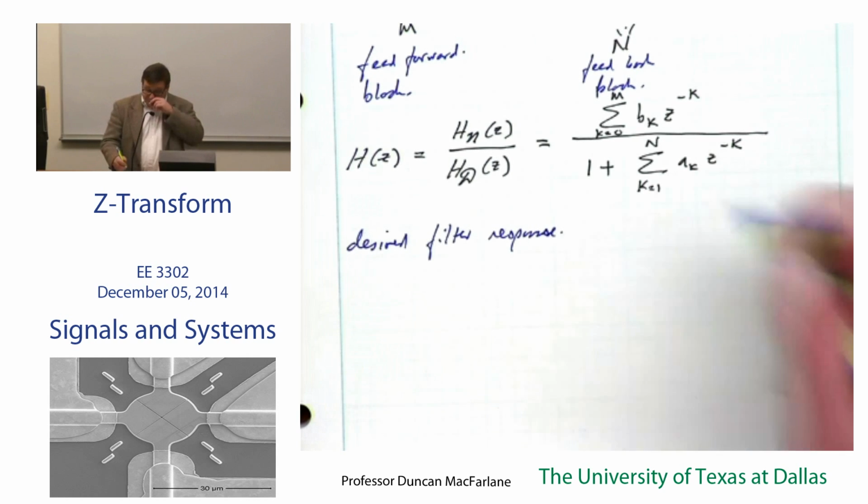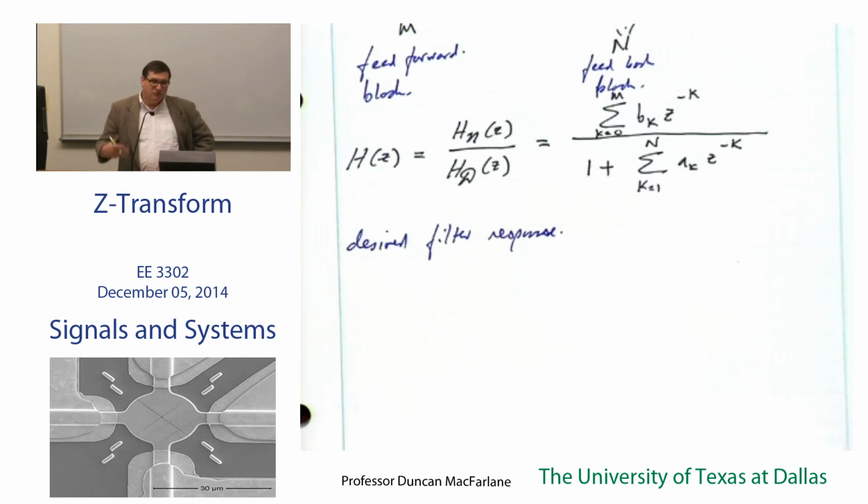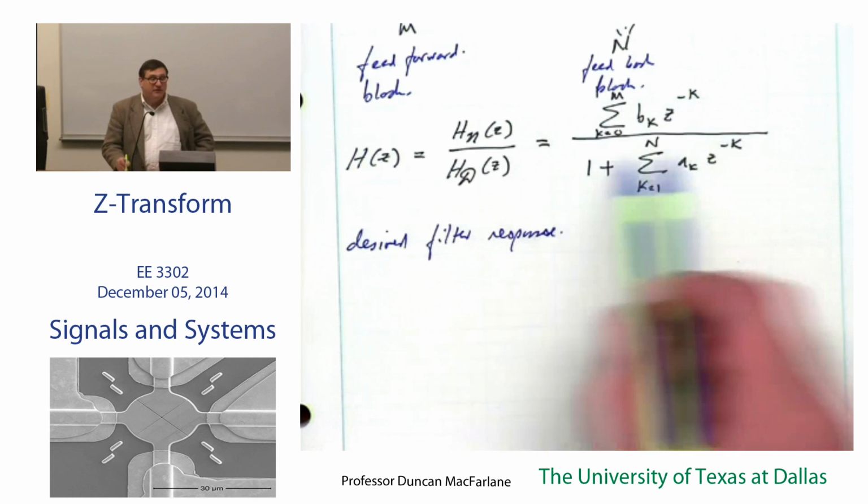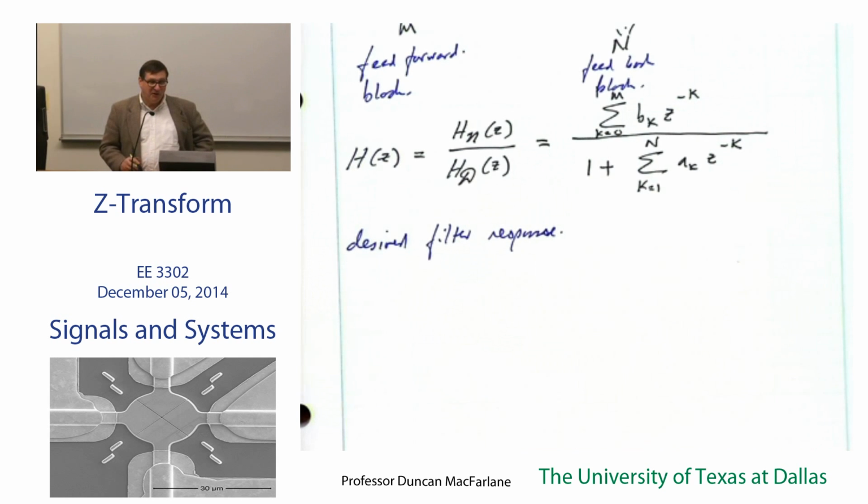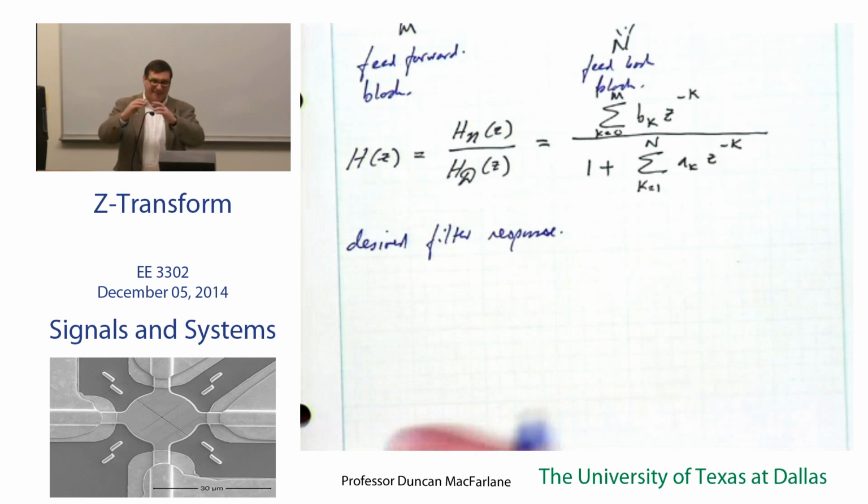So I can pick m equals 100, n equals 50, and I have 100 terms in my numerator, and I have 50 terms in my denominator. So I have 150 degrees of freedom that I can use to fit the desired transfer function. Okay?